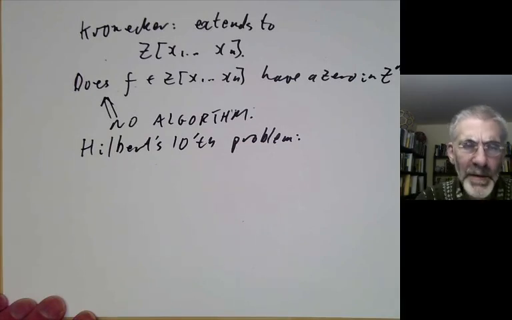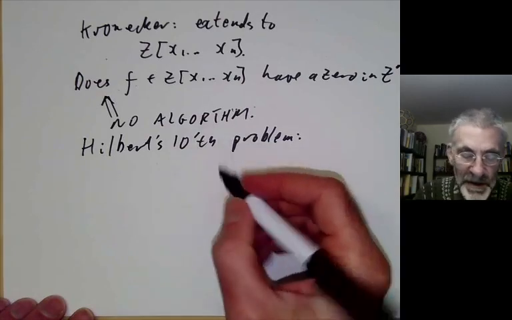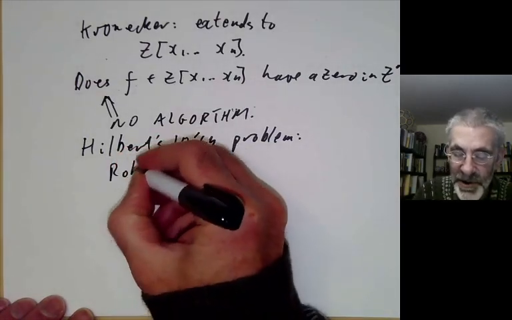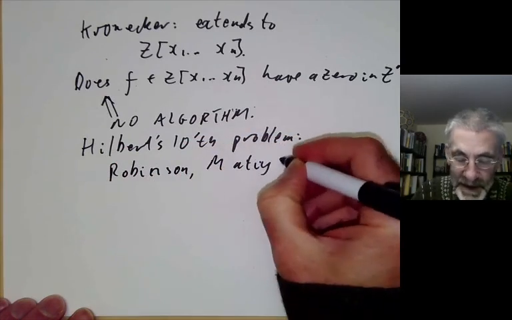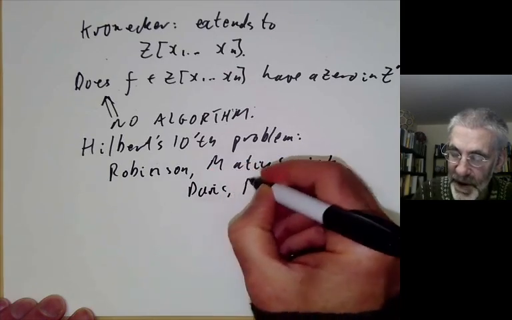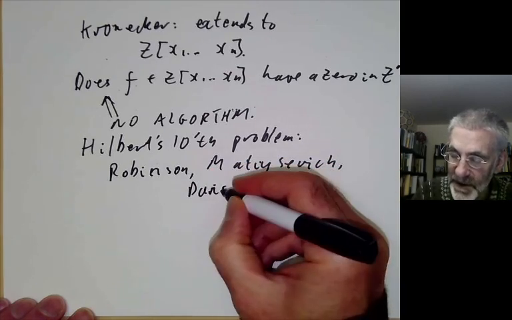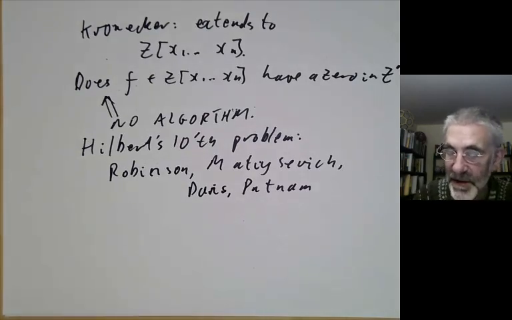And I think Hilbert was expecting a positive solution to this. However, it turns out there's no such algorithm. This was shown by Julia Robinson, Matiyasevich, Davis and Putnam. So Matiyasevich did the last step of the proof, so it's sometimes named his theorem.